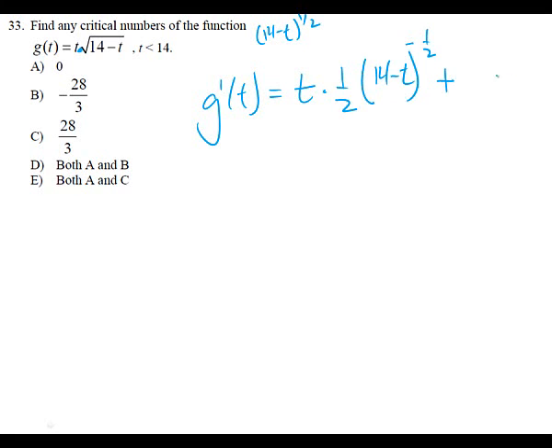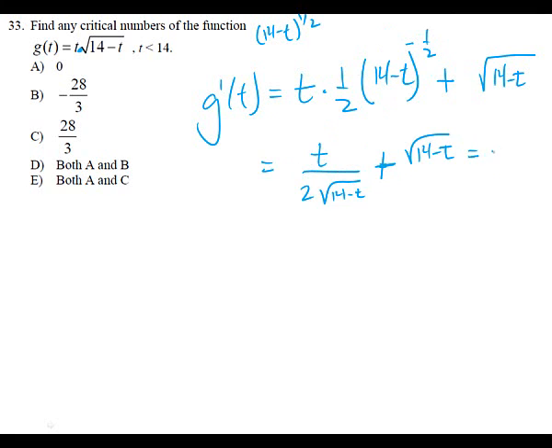And then plus, keep the second, and I'm just going to keep it in radical form. 14 minus t. And then the derivative of the t in front is what? 1. Okay, I'm going to clean this up. So I'm seeing a t on the top. This whole thing's going to go to the bottom under a radical sign. It looks awful, but it's really not going to be that bad. Plus the square root of 14 minus t.